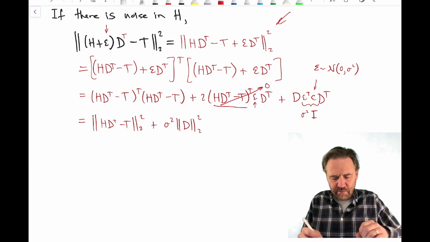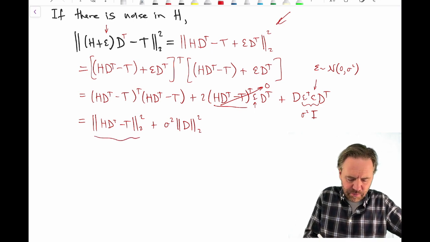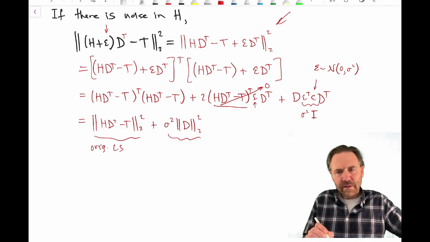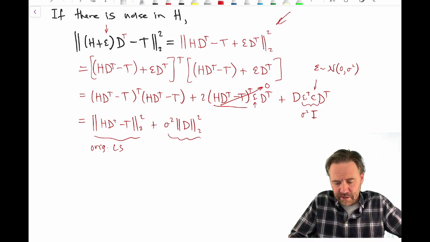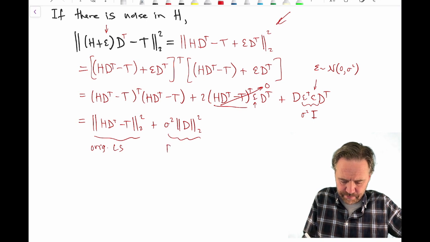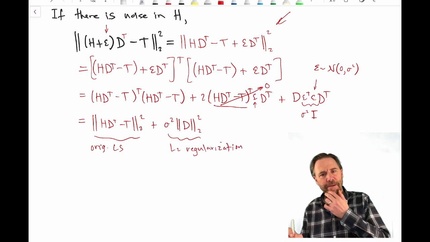So this is the original least squares problem, and this last term looks like regularization. Basically, it's an L2 regularization. So it's basically weight decay.